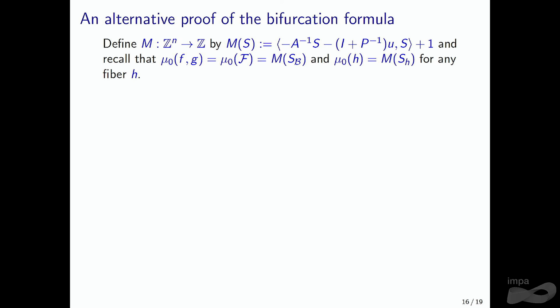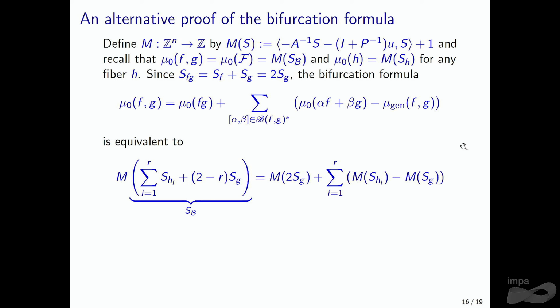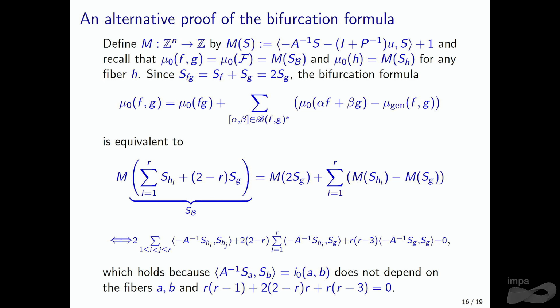The formulas we have developed were in fact to have an algebraic manner to manage that. We introduce this linear quadratic function, and in fact the Milnor number is just this applied to the vector associated to a balance divisor, and then the bifurcation formula is equivalent to this expression, and this expression is equivalent to this sum.